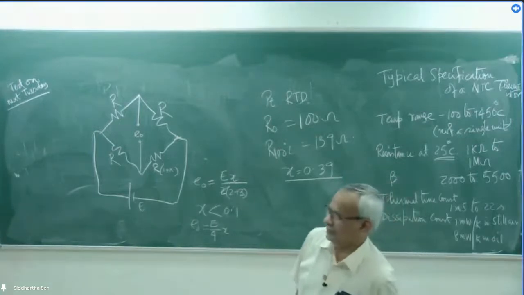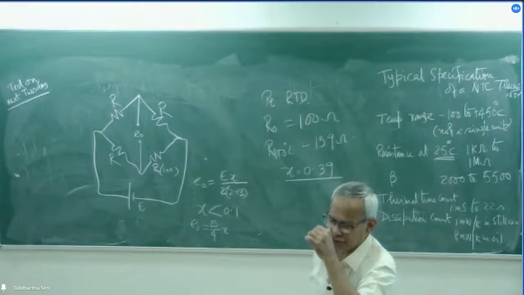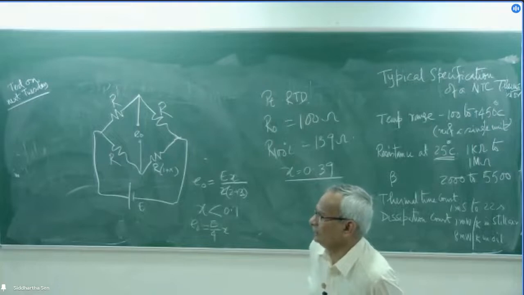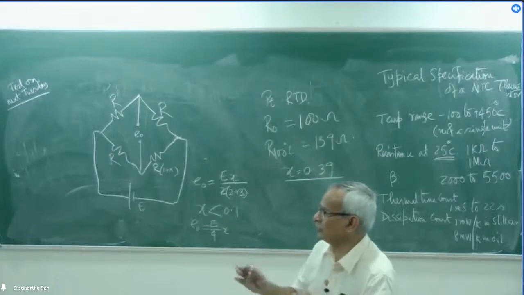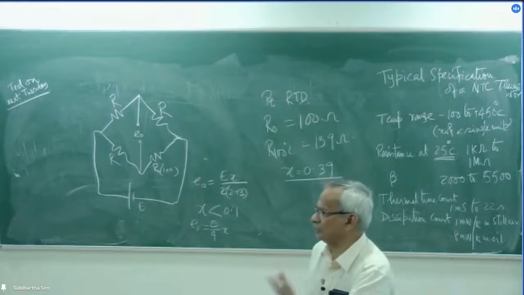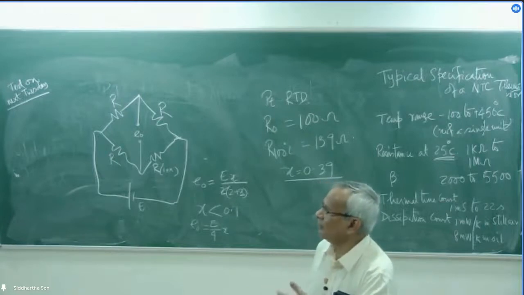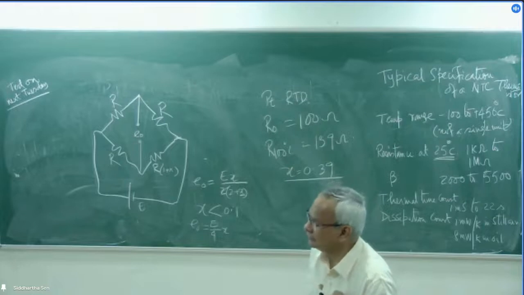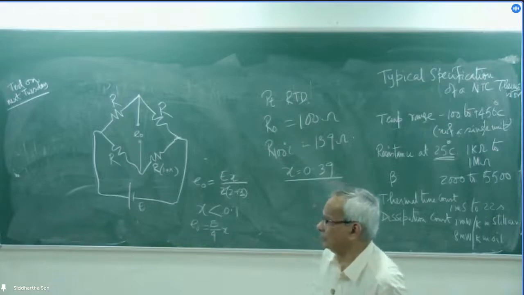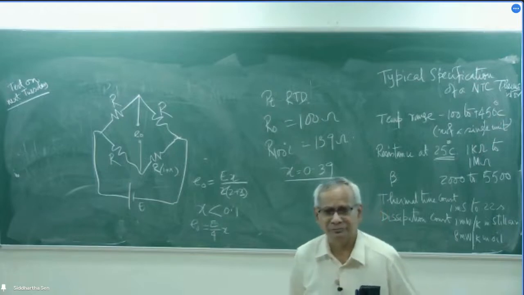That's right, but your more important constraint is the heat dissipation factor. As I have told in terms of the thermistor, heat dissipation should be limited. It may cause damage to the thermistor, but it is also true for RTD. It may also give you some error in measurement. That we try to avoid.